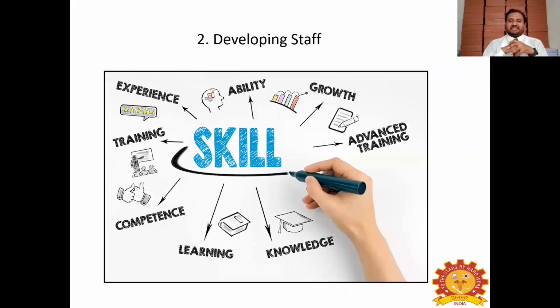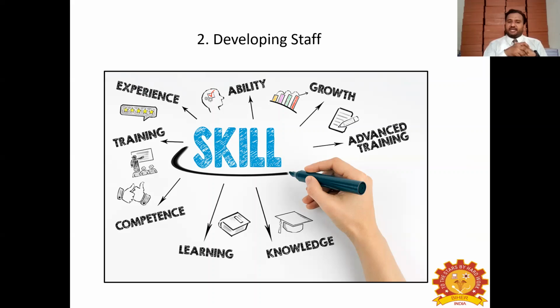The third step is developing the staff, right? How can we develop a particular staff? Once we have employed them, we need to develop that particular employee during the course of time in which they work for our organization, right? The first and foremost thing that the workers can get is experience. Once they keep on working for our institution or any other organization, the first thing that gets developed is their experience and their ability to do a work, and of course their growth of the salary, and not only his salary but also the revenue of the organization.